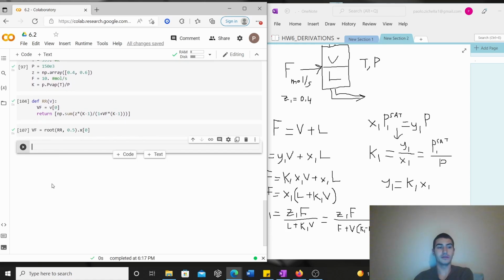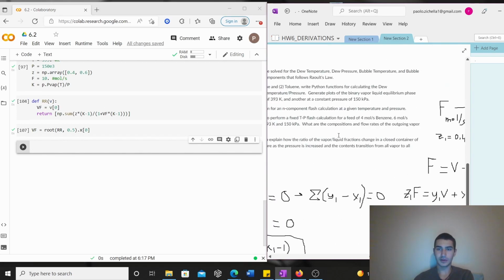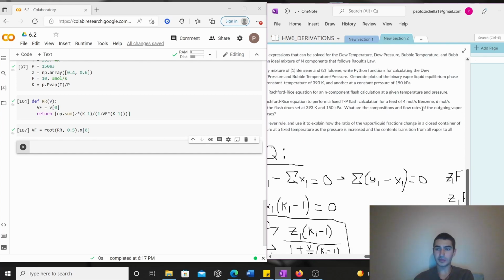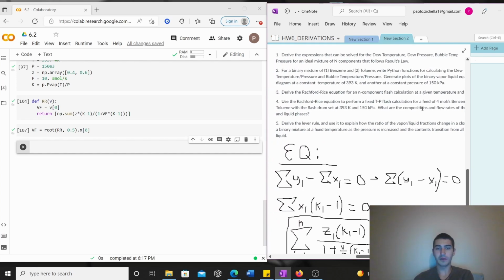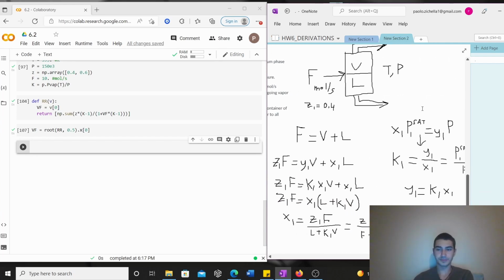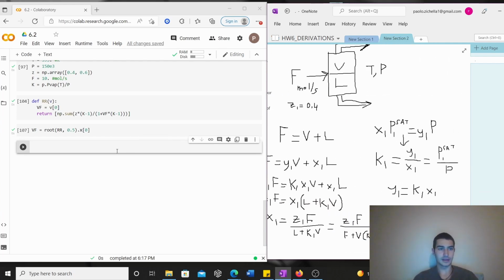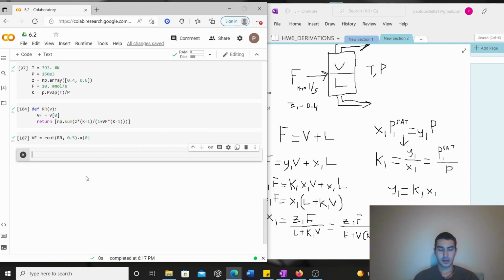Now all we have left to do is create these last paths so that we have all of the values that we're trying to find, as we're looking for the compositions and flow rates of the outgoing vapor and liquid phases. So let's go ahead and connect these. For example, we can start with VF. We know that V is equal to VF times the feed.